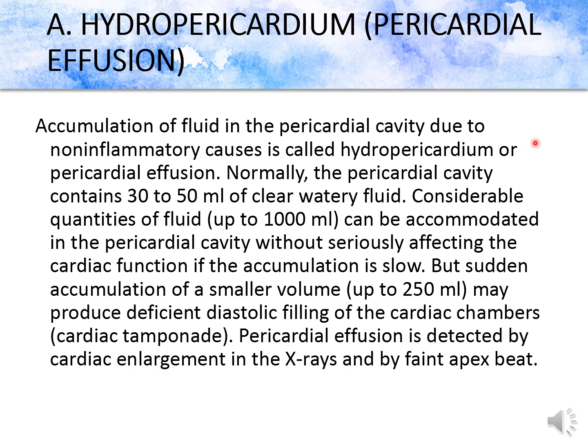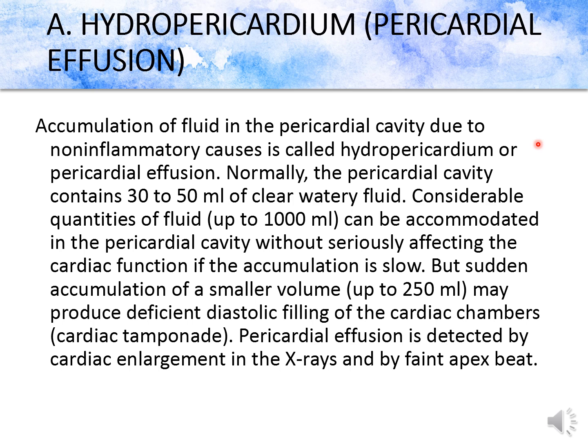Accumulation of fluid in pericardial cavity due to non-inflammatory causes is called hydropericardium, pericardial effusion. Normally, the pericardial cavity contains up to 50 milliliters of clear watery fluid, but considerable quantity of fluid, up to 1000 milliliters, can be accommodated in the pericardial cavity without serious effect.